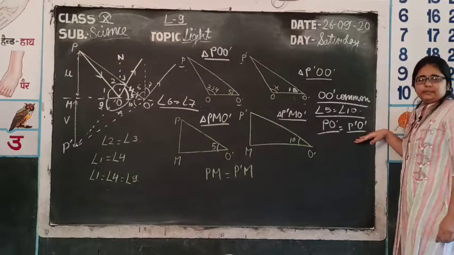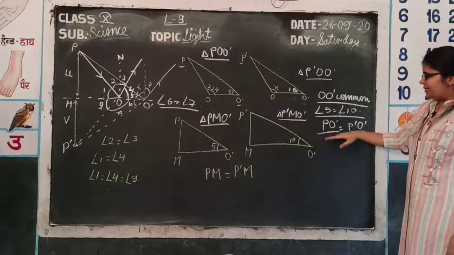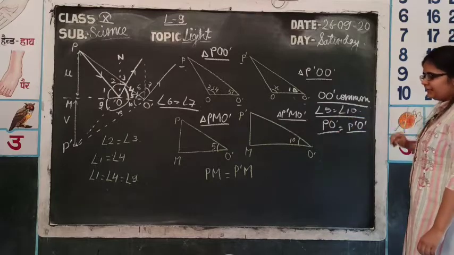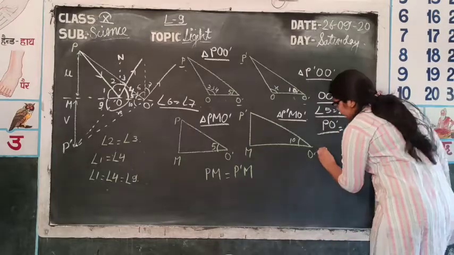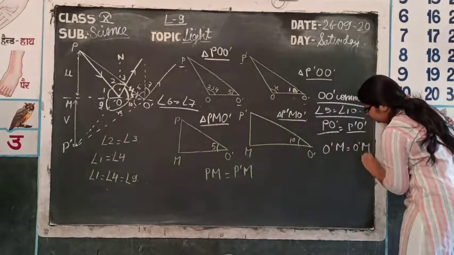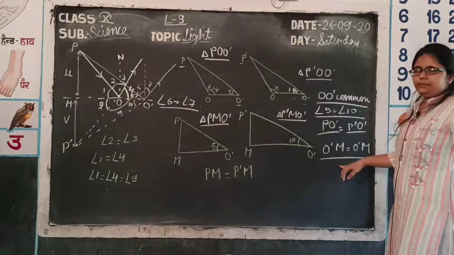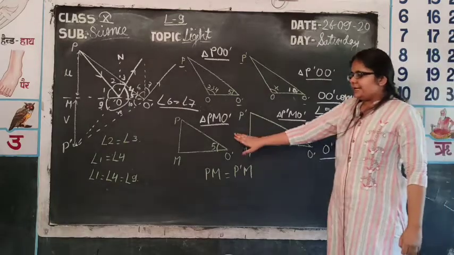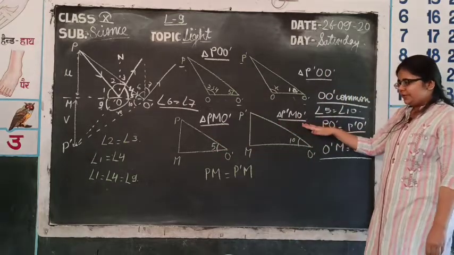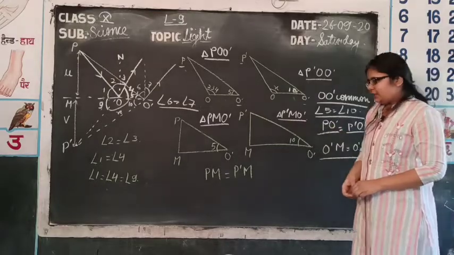We have seen in the previous triangle that PO dash is equal to P dash O dash, angle 5 is equal to angle 10, and the side O dash M is common in both. O dash M is common in both triangles. So, triangle PMO dash and triangle P dash MO dash are congruent to each other.